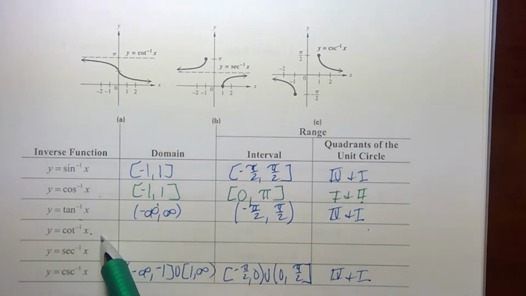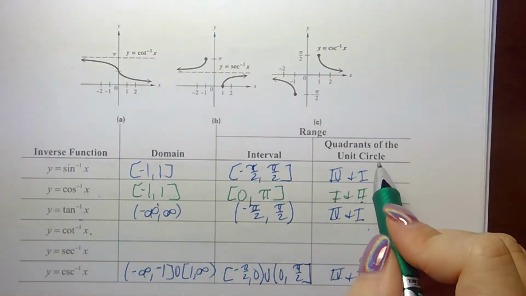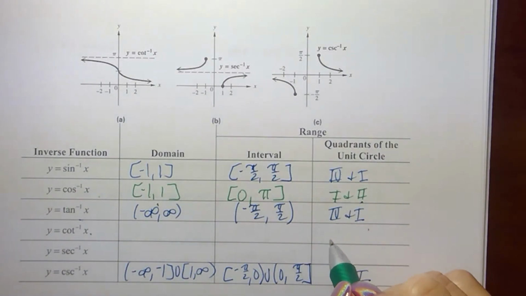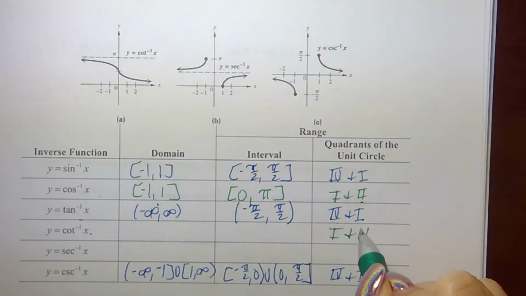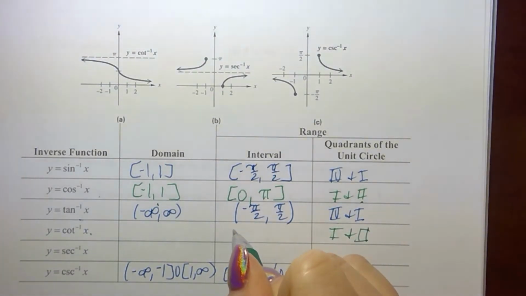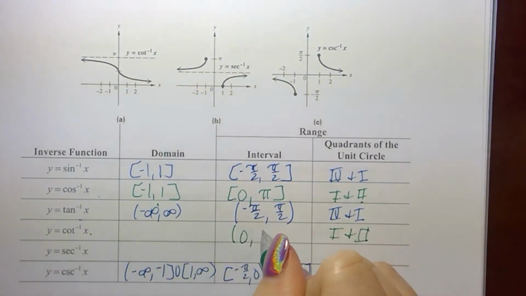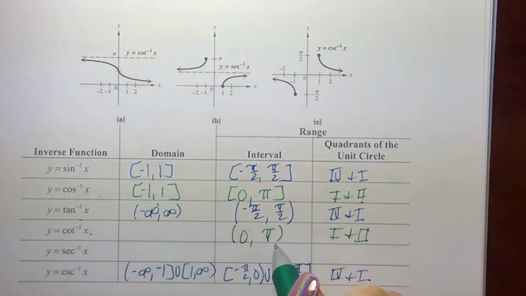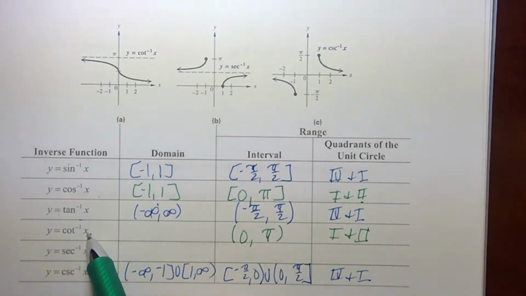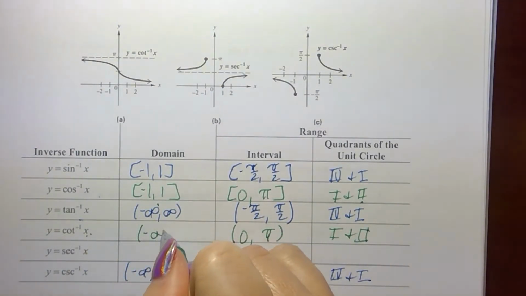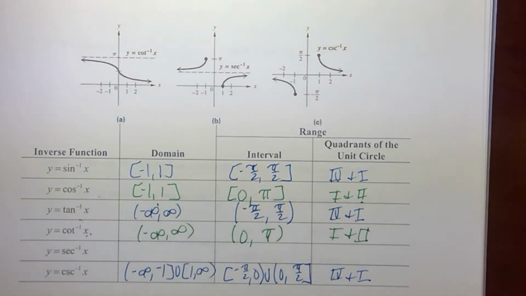So it's going to have the same basic restriction as cosine inverse, restricted to quadrants 1, 2, except that it's not inclusive at those ends. It's 0 to pi, not inclusive. Just like tangent inverse, cotangent inverse compares the x to the y, so those domain values are all real numbers.